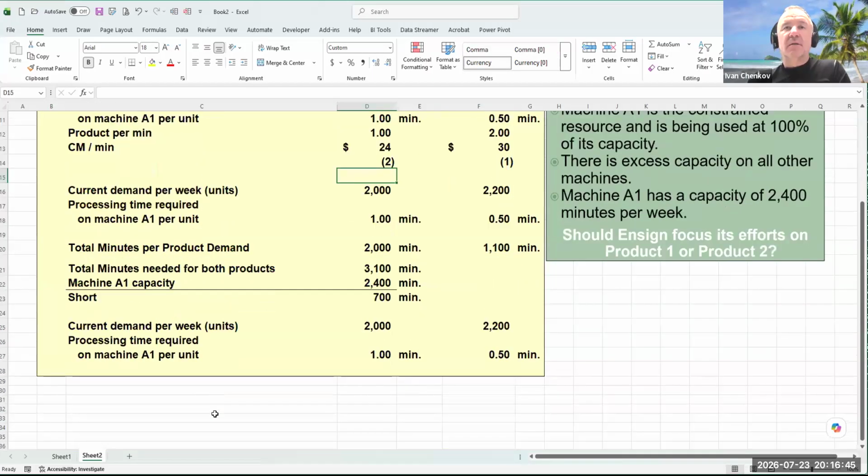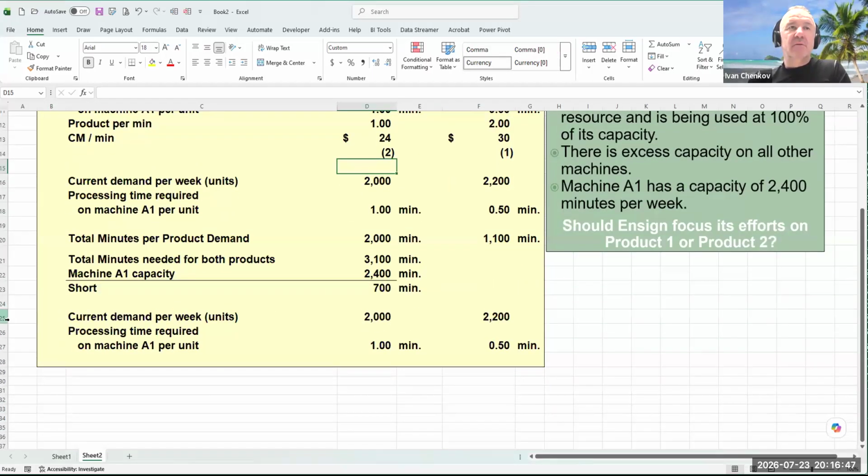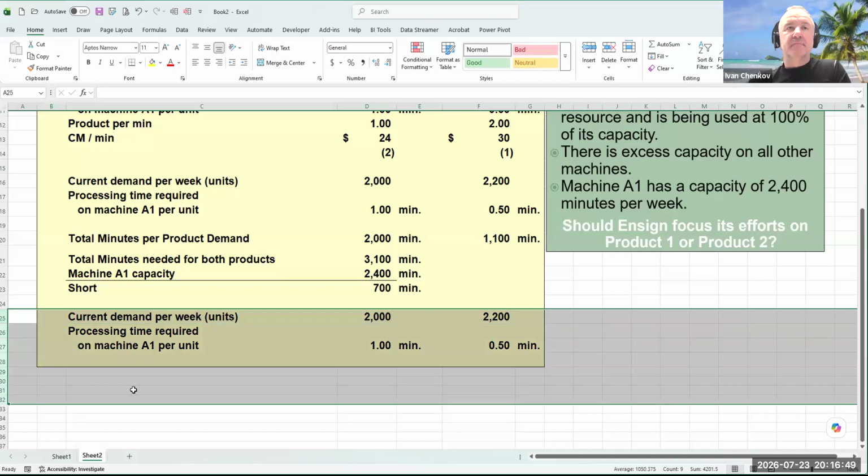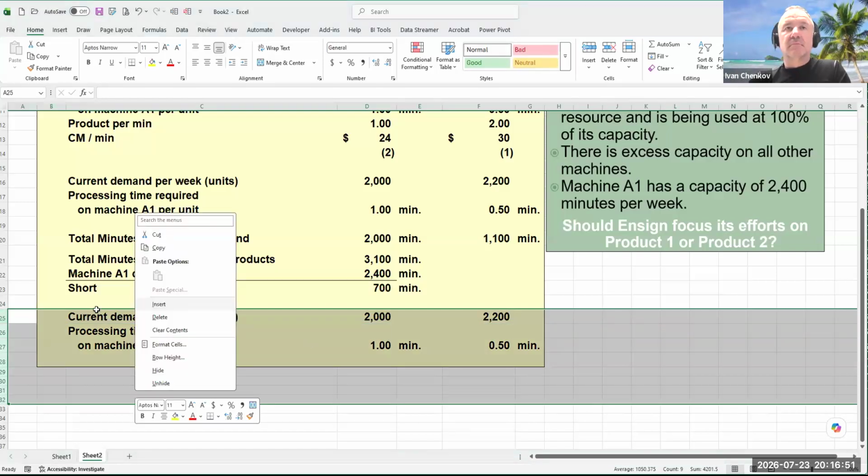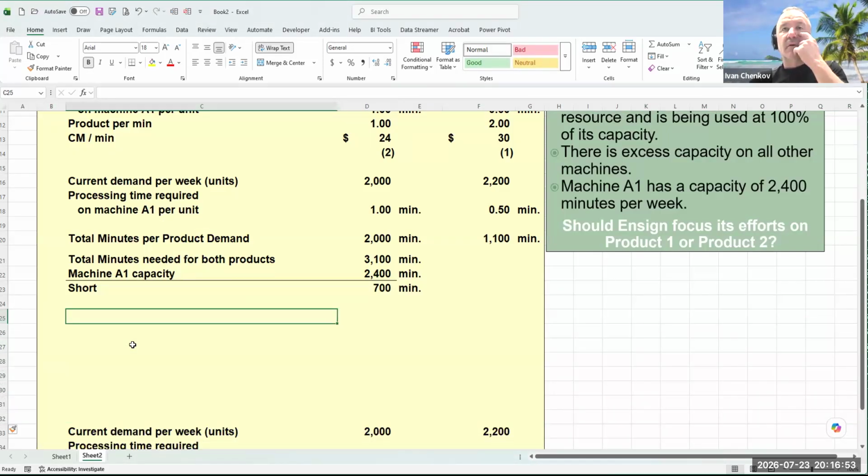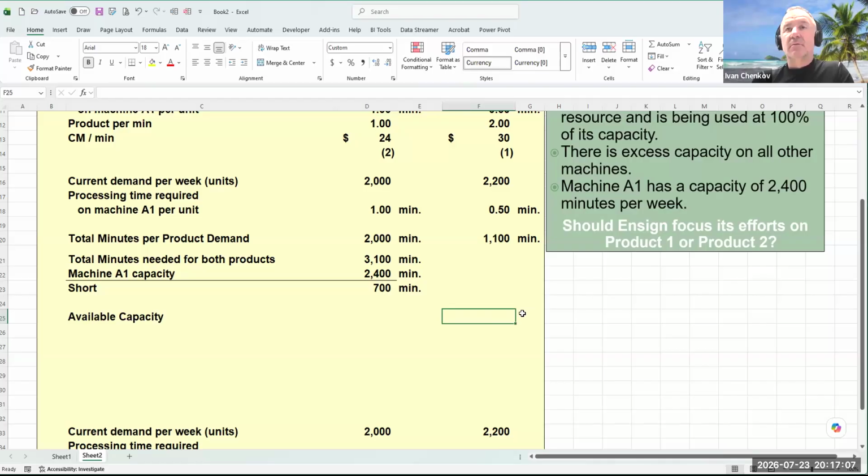I'm going to get this chart and expand it here. We're going to start with available capacity. The available capacity that I have in total, as we can see, is 2,400 minutes.